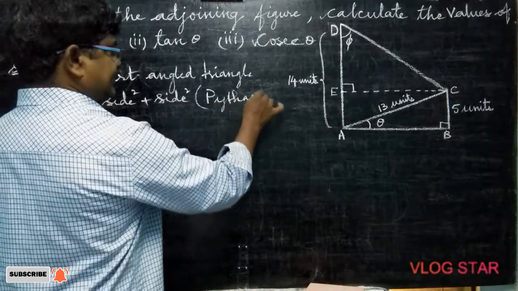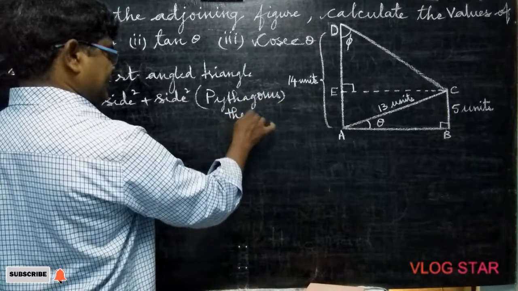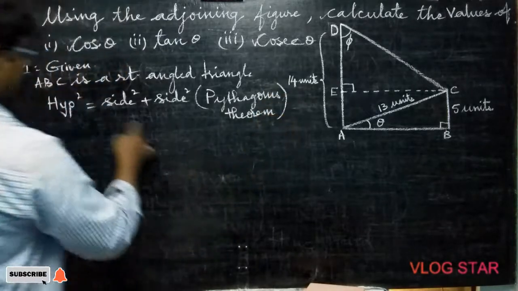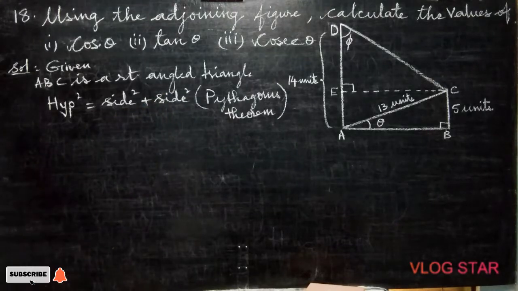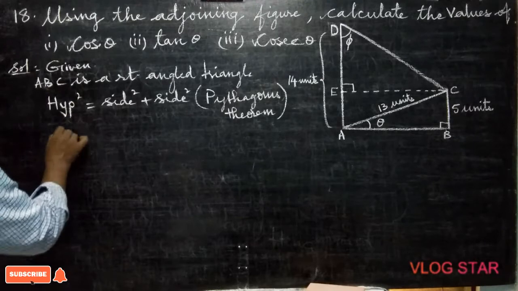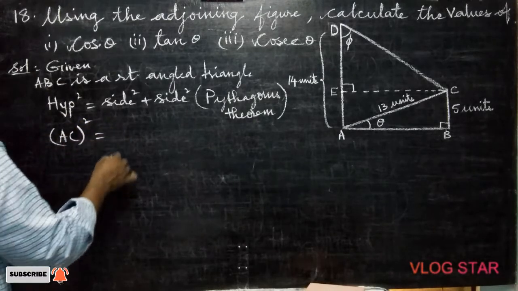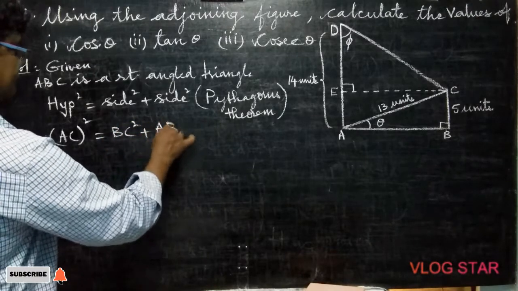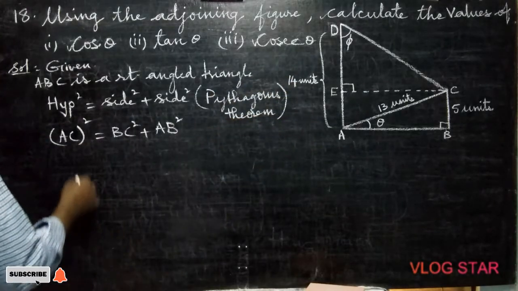What is Pythagoras theorem? In a right angle triangle, the square of the hypotenuse is equal to sum of the squares of other two sides. So here hypotenuse in triangle ABC is AC. So AC square is equal to BC square plus AB square.